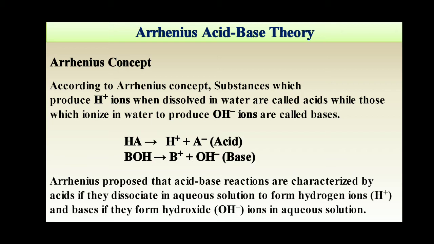So simply, according to the Arrhenius theory, an acid produces H plus ion in aqueous solution, and a base produces OH minus, the hydroxide ion, in its aqueous solution.